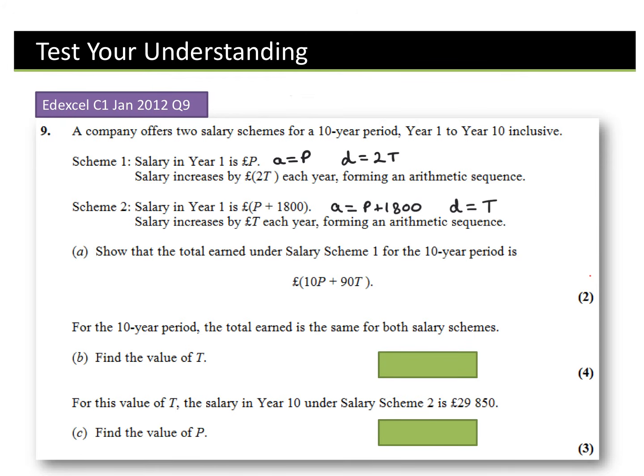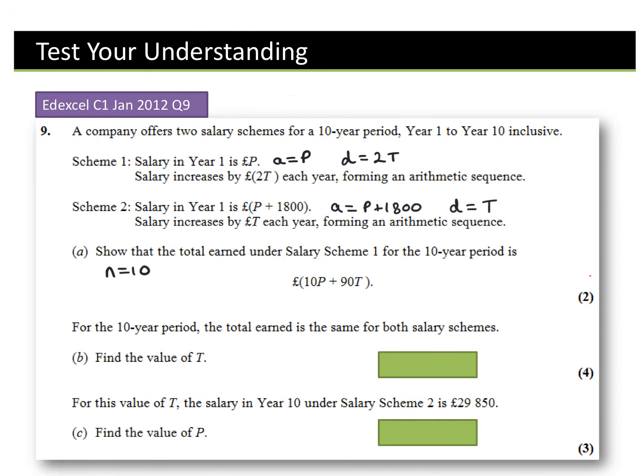Show that the total earned under salary scheme 1 for the 10-year period. So that means the total is the sum. Year 1 to year 10 inclusive means n equals 10. We want the sum of the first 10 terms. Okay?